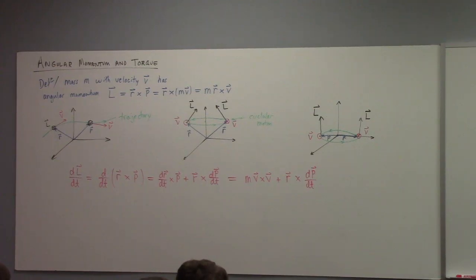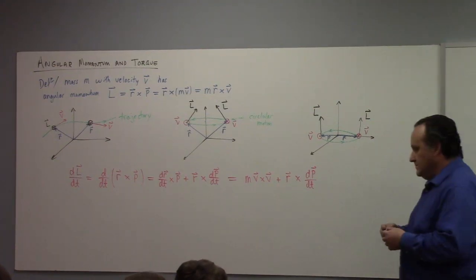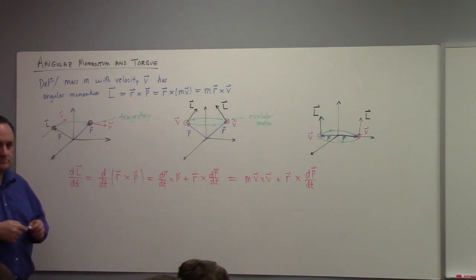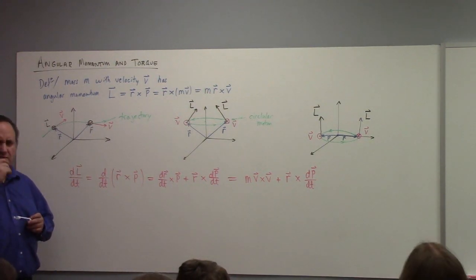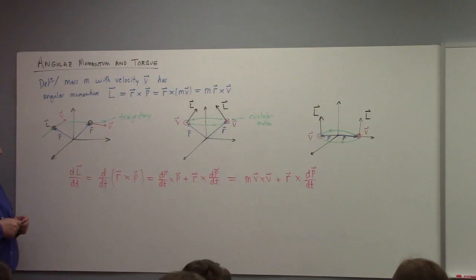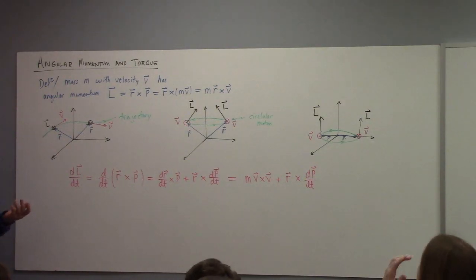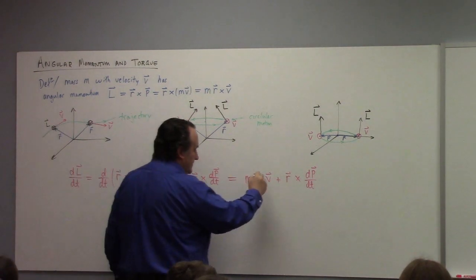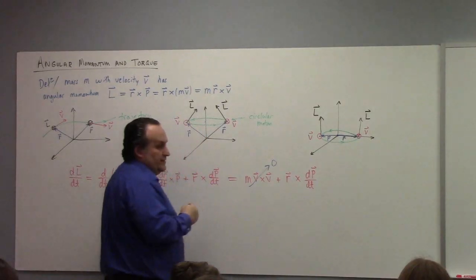What's v cross v? You remember, we did do cross product earlier this semester, did we not? What was one of the fundamental properties of the cross product? Any vector cross itself is 0, right? So v cross v is 0. So this right here is no more.